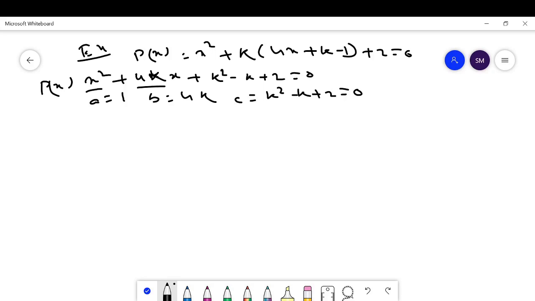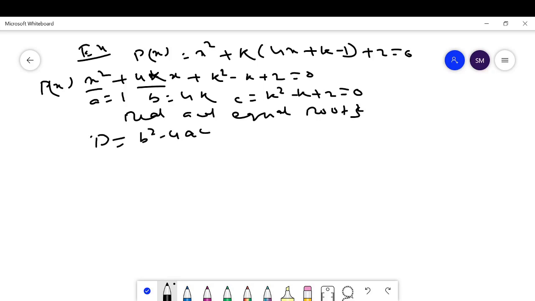As you have to get real and equal roots, for equal roots you know D is equal to b square minus 4ac is equal to 0. Here b square minus 4ac means (4k) whole square minus 4 into 1 into (k square minus k plus 2) is equal to 0.